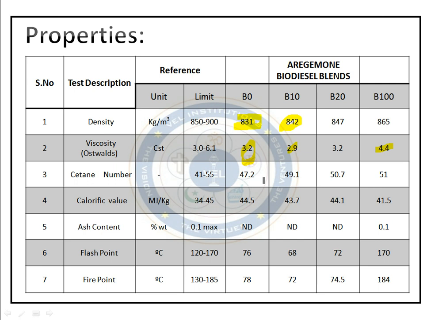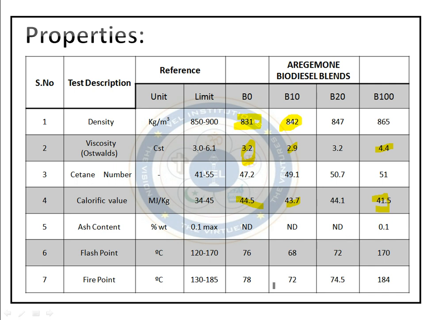Calorific value for the diesel is 44.5, for pure Argemone it is 41.5, but for B10 it's 43.7. Only one difference compared to the property of diesel.